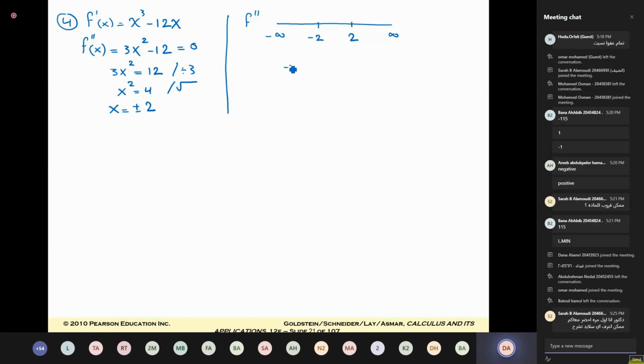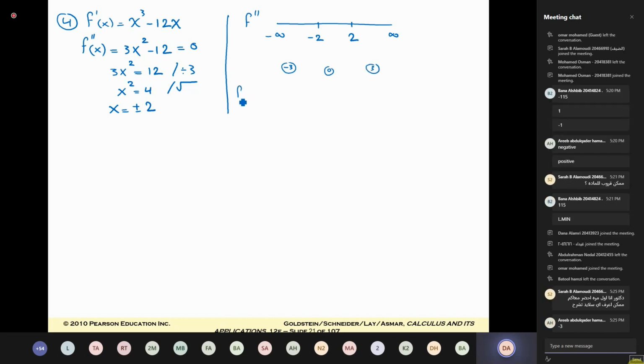We choose negative 3, 0 and 3. F double prime of negative 3 equals what? Substitute in f double prime. 3 multiplied by 9, we have 27 minus 12, so this is positive, concave up.